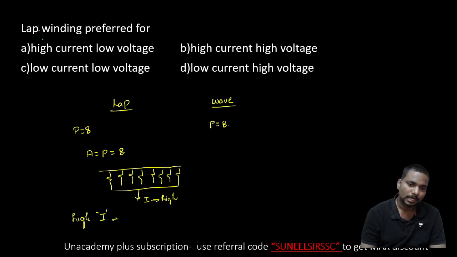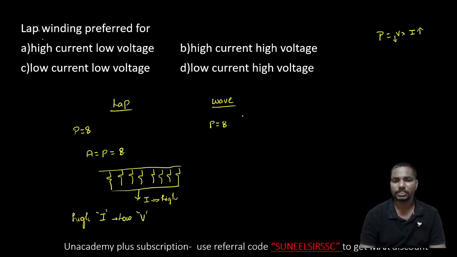And for the same power rating, if you have high current, you can go with less voltage also. So high current, low voltage applications. In case of wave winding, the number of parallel paths is always 2 only. When the number of parallel paths is 2 only, you can get less current, we can carry less current only.